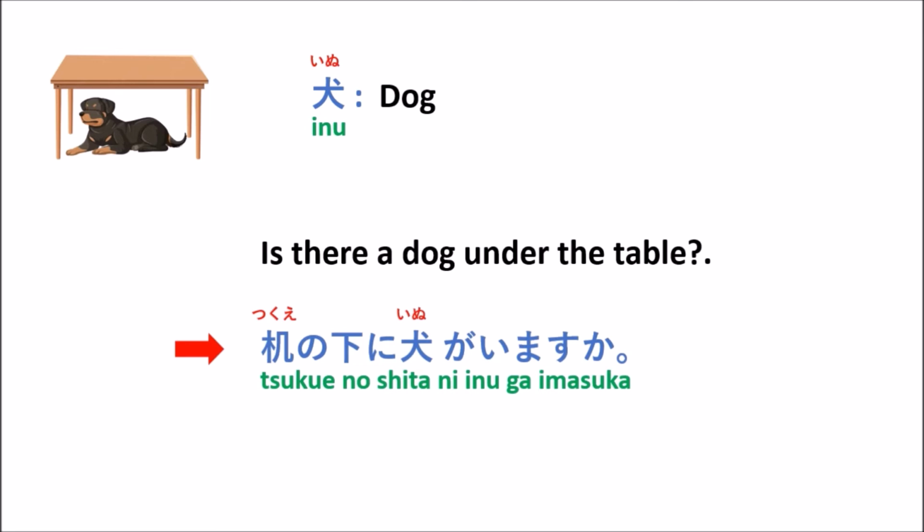It means, is there a dog under the table? You just change imasu to imasu ka, and it already changes the sentence into a question for you. It's not complicated.